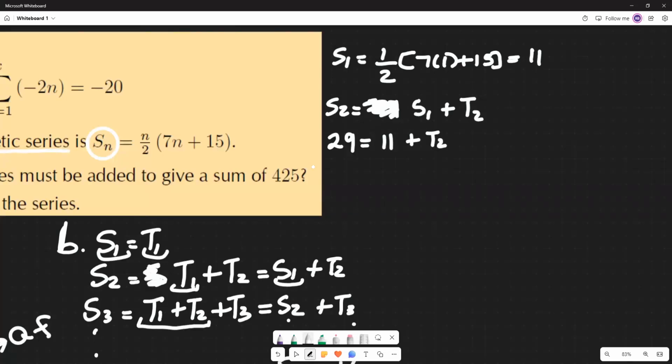So T2 will be 29 minus 11, which gives you 18. So the second term is 18. Now let's do S3, it's going to be 3 over 2, and then you have this. Okay, so that's it. Let's move on, ladies and gents.